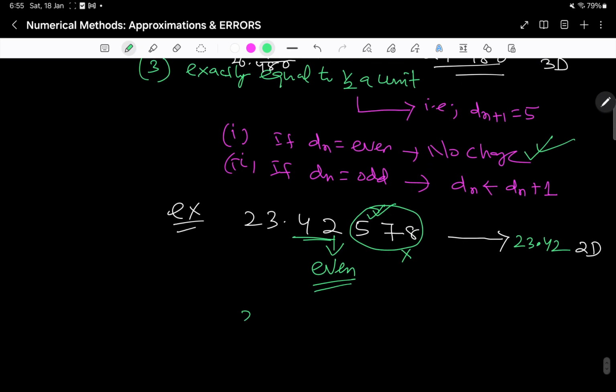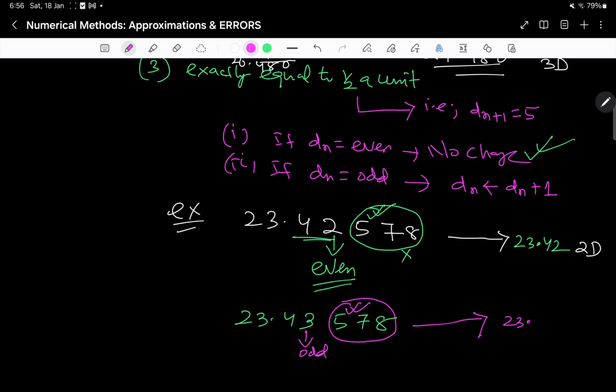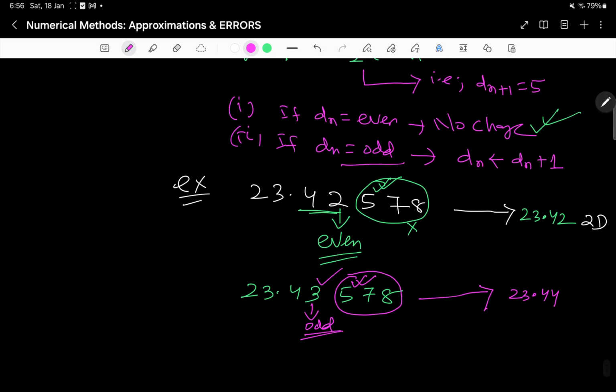Suppose I have 23.43578. Now this dn is odd, and dn plus 1 is exactly 5 here, so I should write 23.44. Just 1 is increased because odd. If odd, then increase.